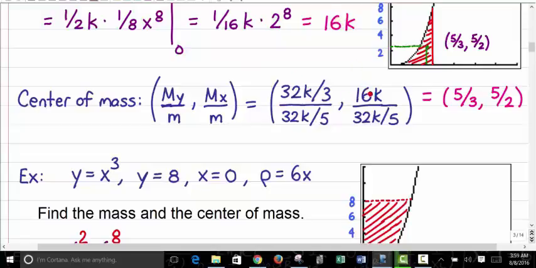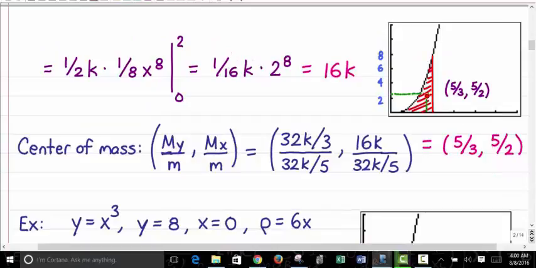So if you divide those, the k's will cancel, and that ends up reducing to 5/3 and 5/2. What I did up here, just for the heck of it, was show that 5/3, 5/2 is in my region. But that's not mandatory. If you have already sketched your region of integration and you want to take a look at it, you could see if it looks like it's in there or not.